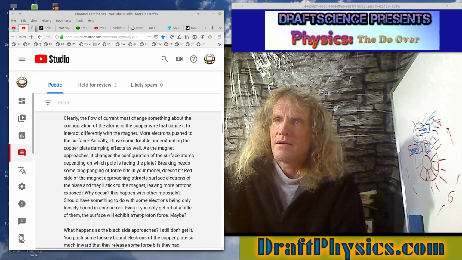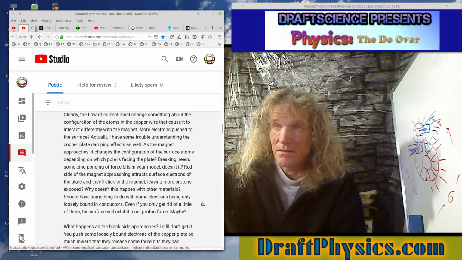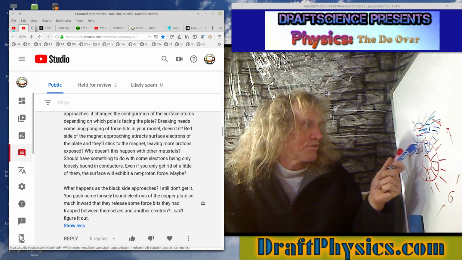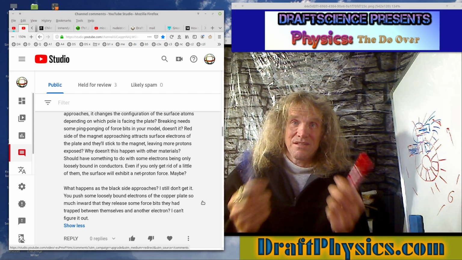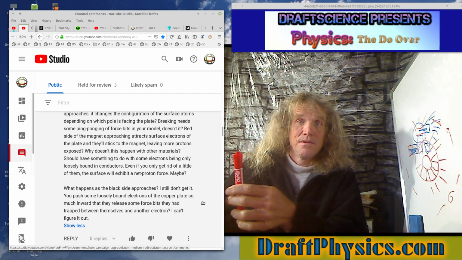All right, conductors. Even if you only get rid of a little of them, the surface will exhibit the net proton force, maybe. Yeah, well, like I said, the idea is just maximizing the energy's effect. So movement clearly exposes you to more stuff, in the sense it makes more mirrors.